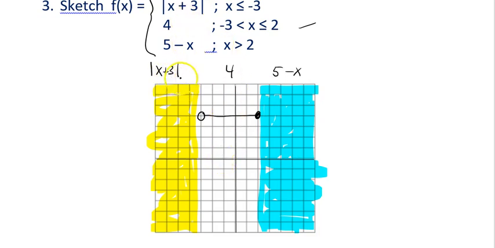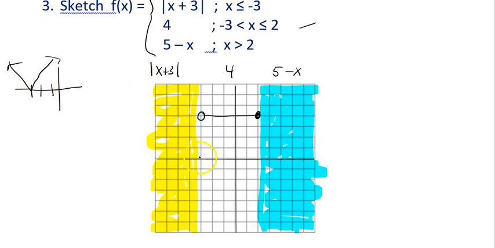The first piece, the absolute value of x plus 3, it's probably in our best interest to plot some points. We know that this is a V shape that has been moved to the left 3. That's not too bad since we are meeting at negative 3. If we had that V shape moved left 3, and we were graphing that whole thing, it would be just like this right here, your absolute value graph.